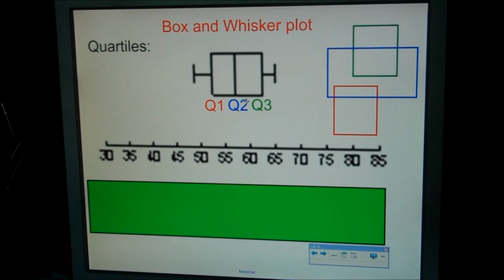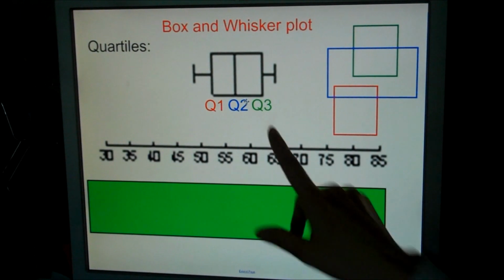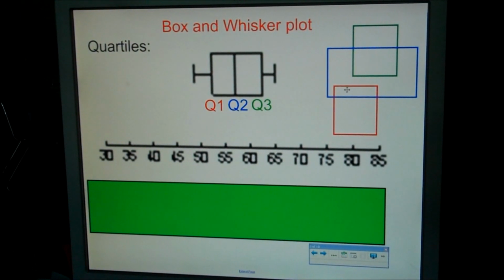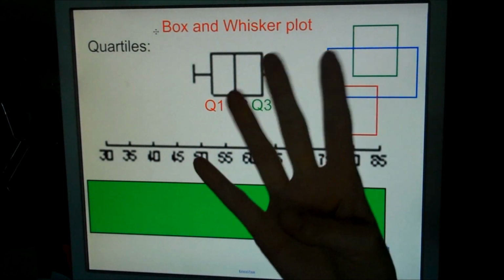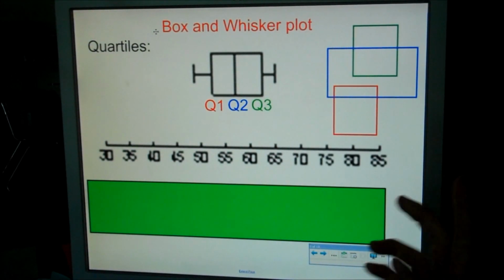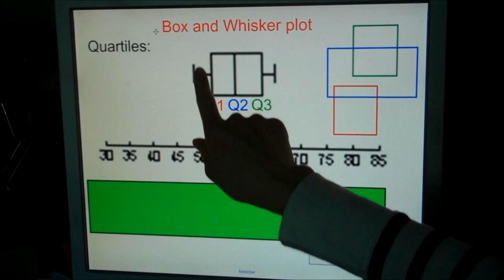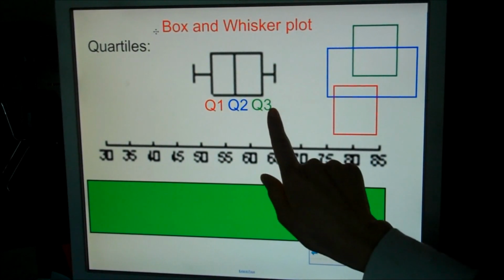Alright, now here's another part of a box and whisker problem that you need to know about. In a box and whisker plot, there are 3 quartiles. Now when you say quartile, you think of 4, I'm hoping. Well, it does technically break it into 4 pieces. 1, 2, 3, and 4.